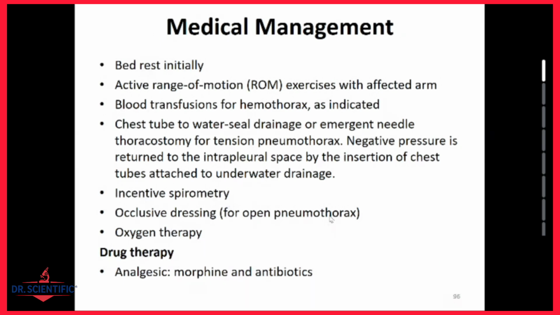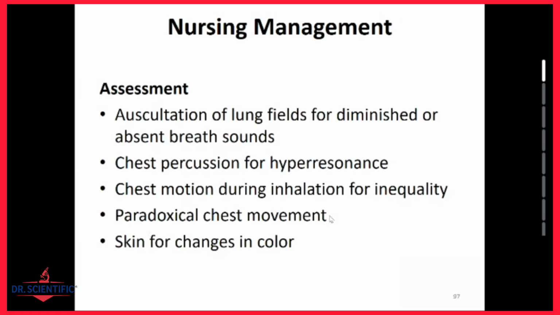Management, drug therapy: analgesics, morphine, and you can also give antibiotics prophylactically to minimize the patient getting infections, more especially where you have things like open stab wounds being the cause of the pneumothorax or the collapse of the lungs.